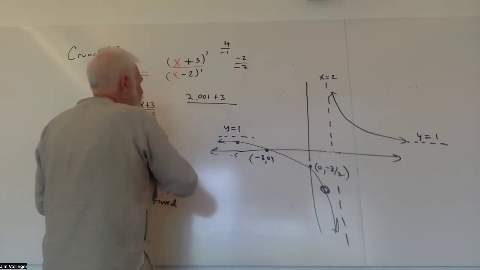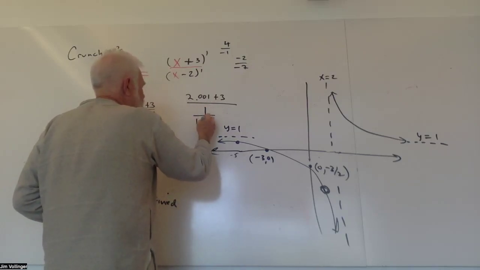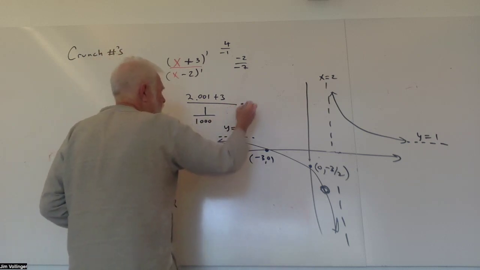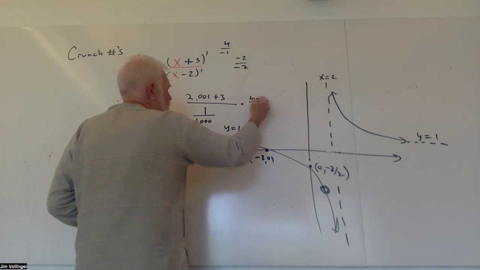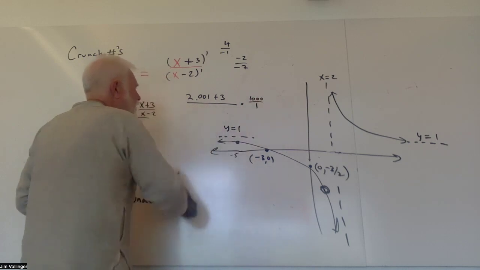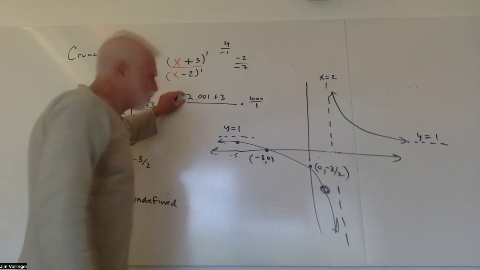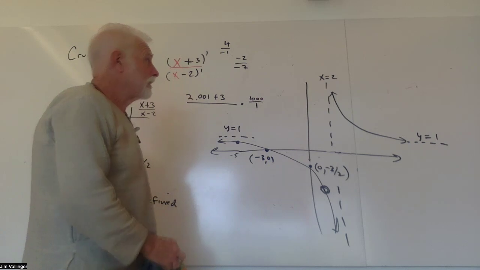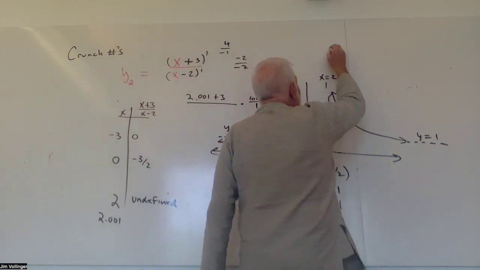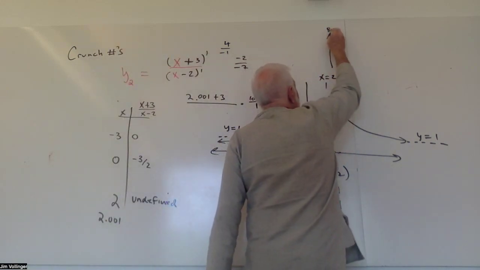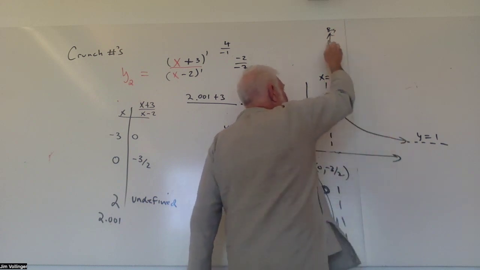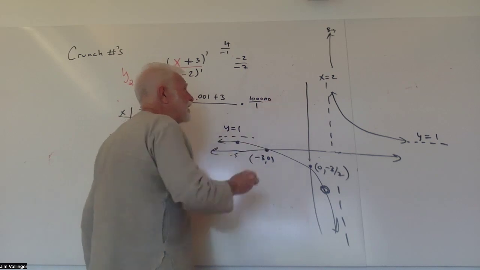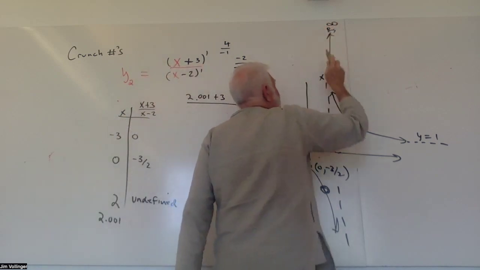I'm dividing by 1 over 1,000. When you divide by 1 over 1,000, that's the same as multiplying by 1,000 over 1. All right, how would you describe a number like 5-ish times 1,000? I'd say it's pretty big. Oh yes, the closer I get to 2, the more zeros I can produce, and the bigger I get.